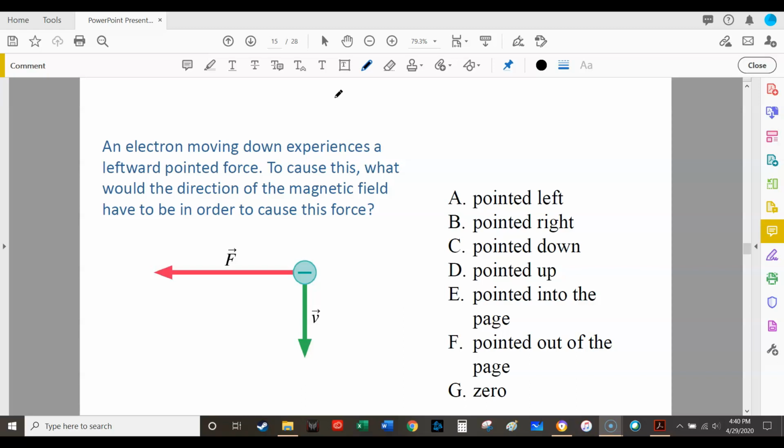Right now, my fingers are pointed at my own face, out of the page. But since this is a negative particle, it's going to be into the page, right? If this were a positive particle, it would be out of the page. But since it's a negative particle, the magnetic field should be pointed into the page, and that would be creating a force to the left of your screen. Okay? Let's try another one.